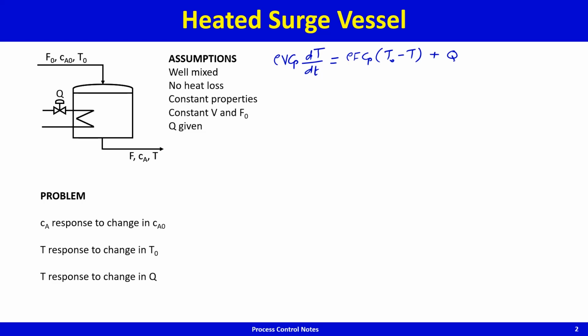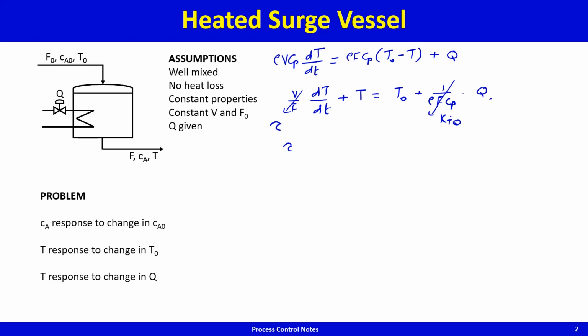If you divide by rho F Cp, what you get again is V by F dT by dt, rate of change of temperature, plus T is equal to T naught plus 1 by rho F Cp times Q. And again, if you replace V by F with the time constant tau, and replace this with a gain called K, the gain between T and Q, the effect on T of Q, we will call this K_TQ.